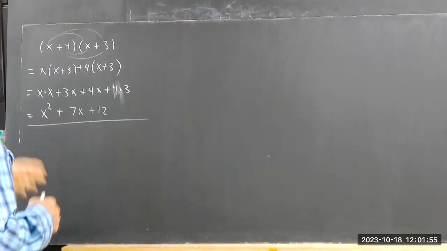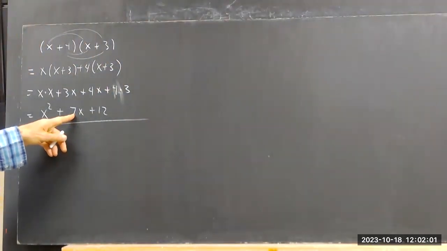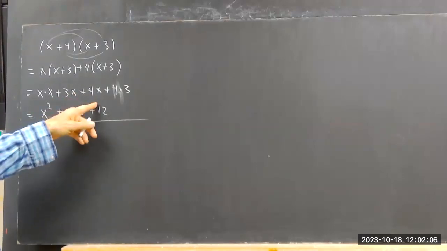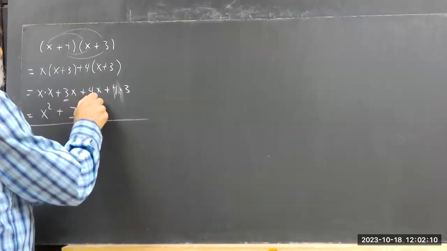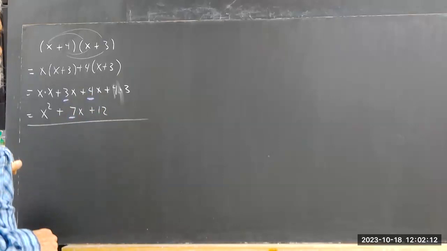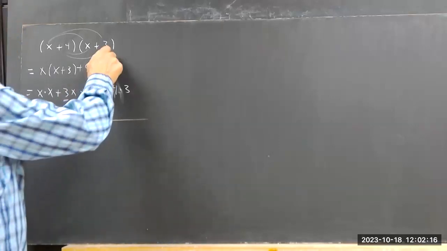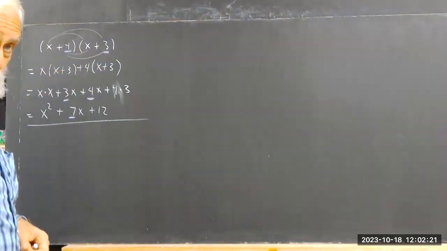So we get this. Now let's notice something. Where did that 7 come from? Well, the 7 came from the 3 and the 4 on the x, right? So 7 came from the 3 and the 4. And where were the 3 and the 4? Well, they were here and here. Okay.